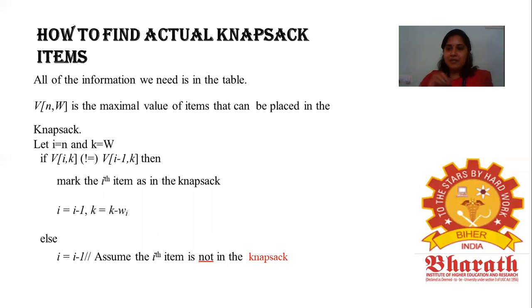Suppose the element in the current row is equal to the element in the previous row, then this object has not been inserted. So we go to the previous object and check that row with the element in the previous row. If that doesn't match, that object has been inserted, and we consider it. This is the way we identify whether the object has been inserted in the knapsack from the data present in the table.